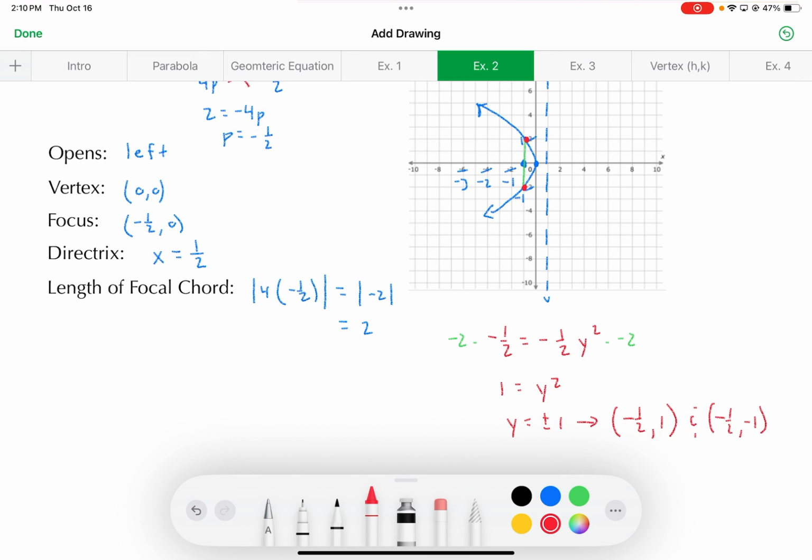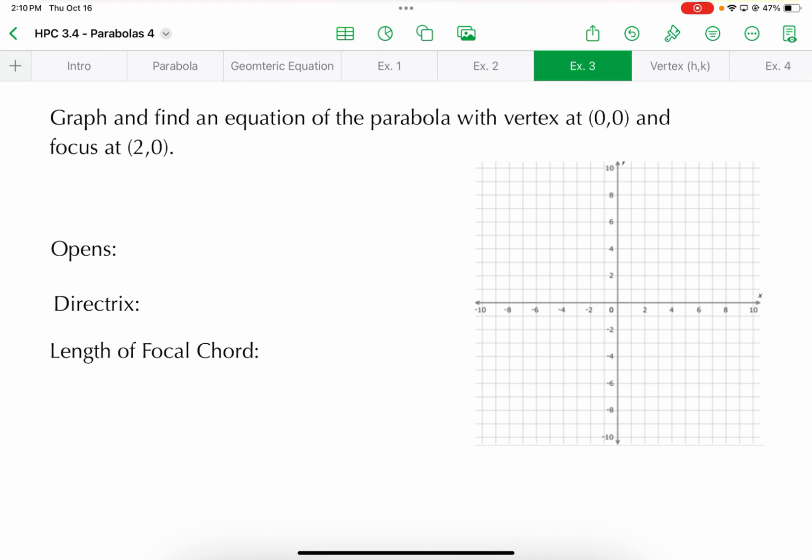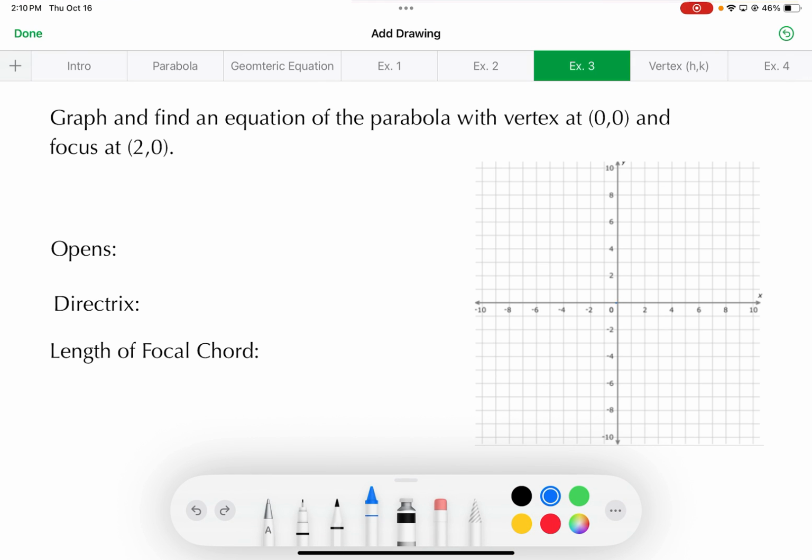All right, final example of the day. Graph and find an equation of the parabola whose vertex is at the origin, focus at 2, 0. So plot what you're given. There's your vertex. There's your focus. Right there, that tells me which way this one is opening.